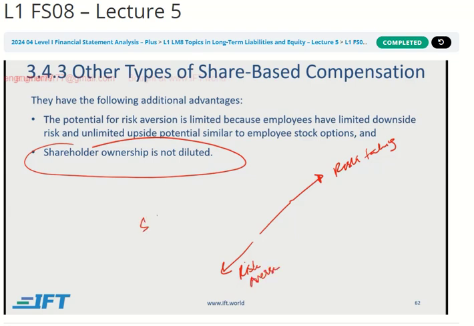But with share appreciation rights, at least this part is taken out, because it doesn't make a difference to the employees if the stock price goes down. They're only going to make money if it goes up. They won't lose money if it goes down, right?